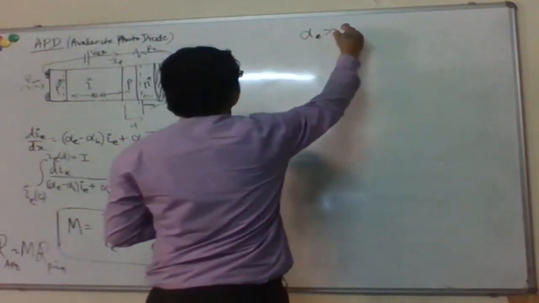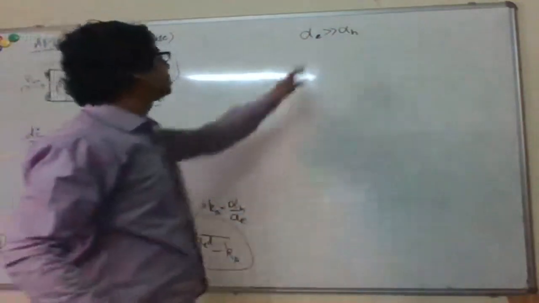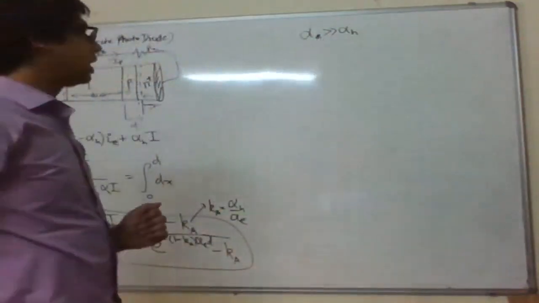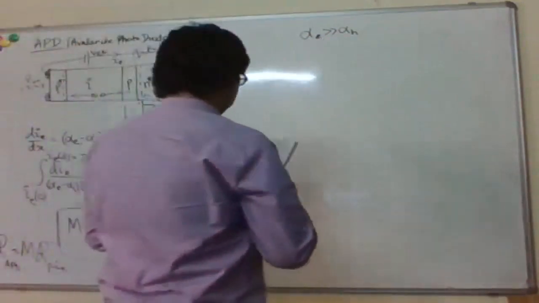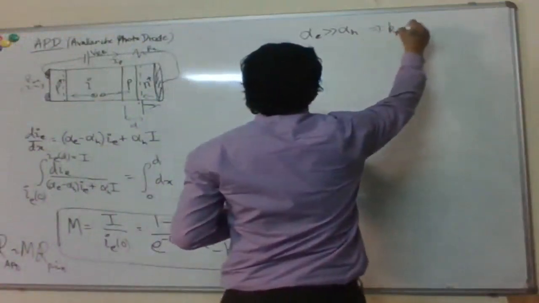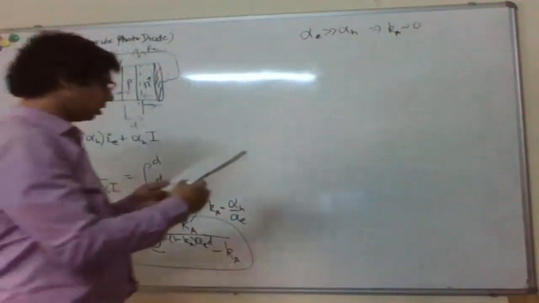If you have a material where the electron impact ionization coefficient is much larger than the hole, which means only electrons are mostly causing this avalanche multiplication and the holes are just passing through, then Ka is a very small number, alpha h is much less than alpha e.